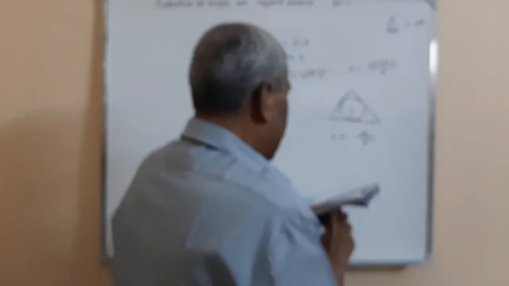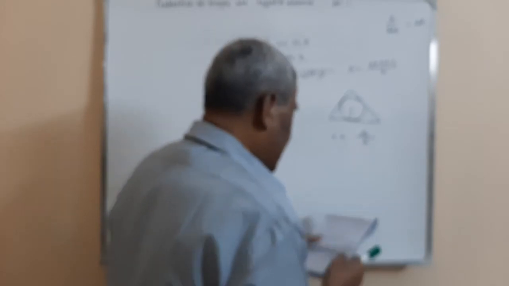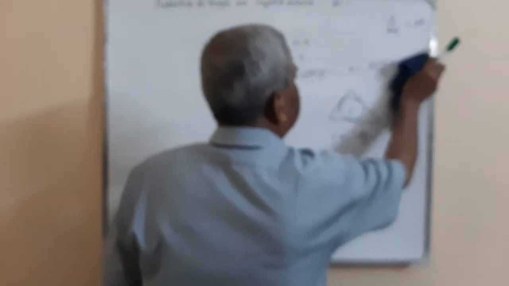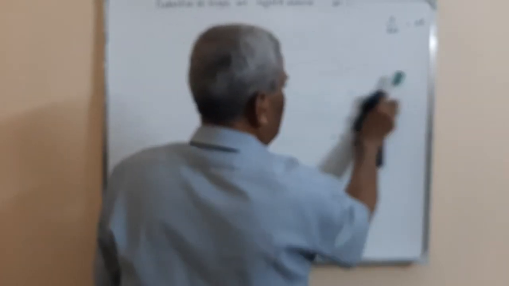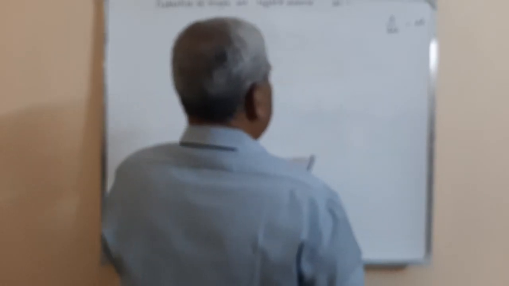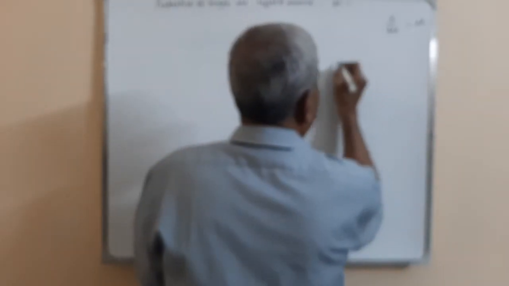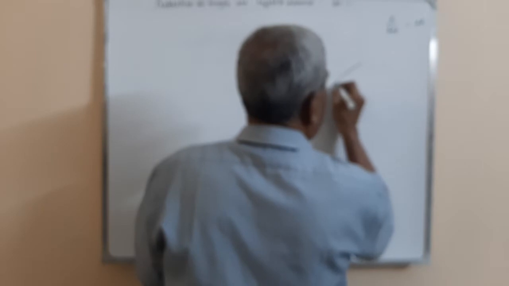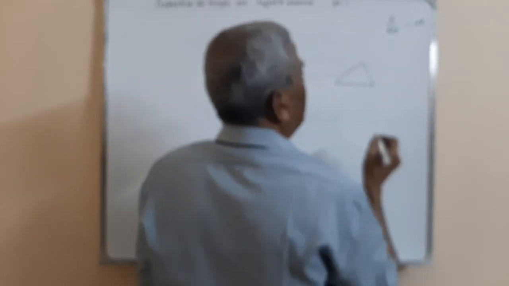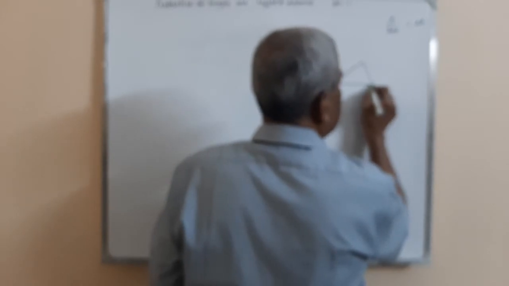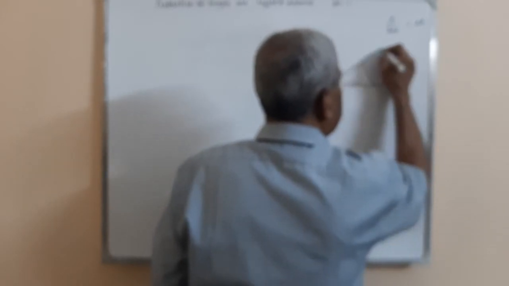Next, the exradius. Consider this triangle ABC, and extend this side and that side.